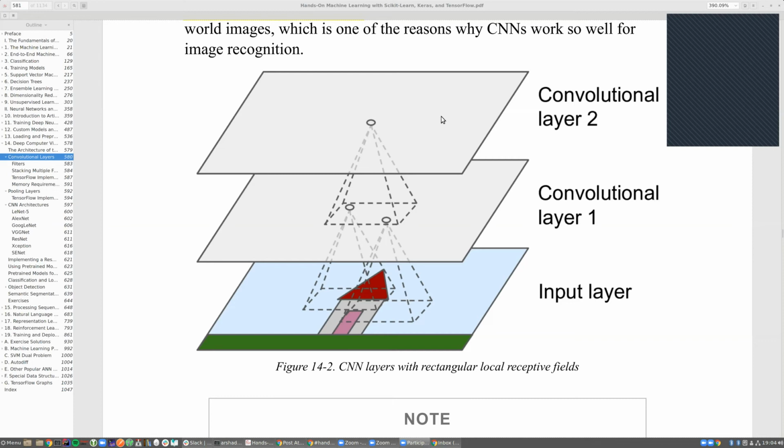So the features which we're going to pick up in convolutional layer 1, do you call them higher-level features or lower-level features? So layer 1 is low-level features. These are just individual lines, or I'm making the assumption it's lines.